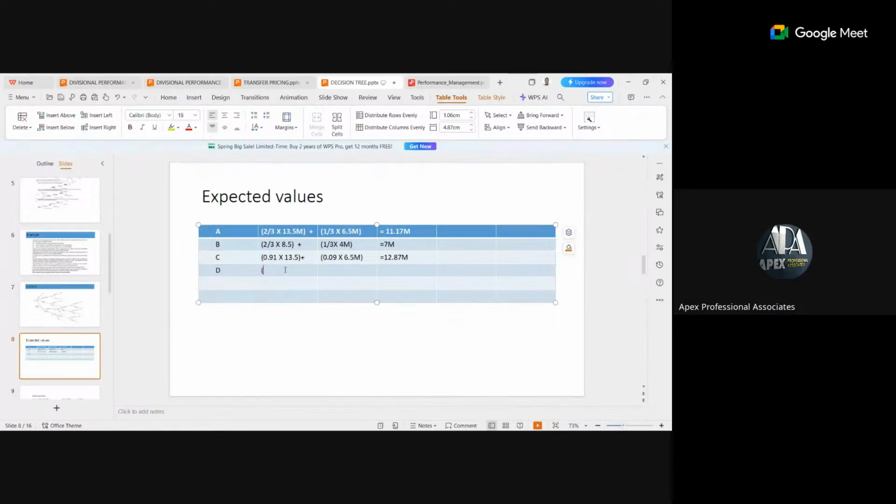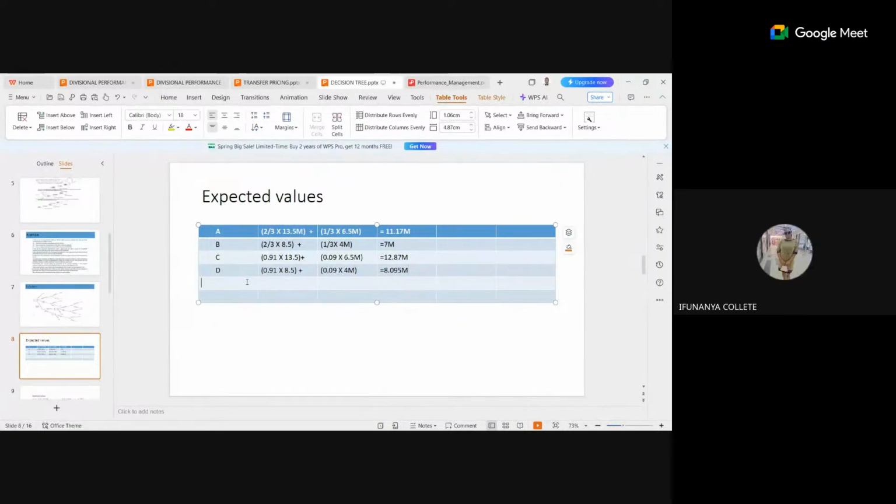So we have 0.91 multiplied by 8.5 plus 0.09 multiplied by 4 million. So we have it as what? 8.05. 8.09.